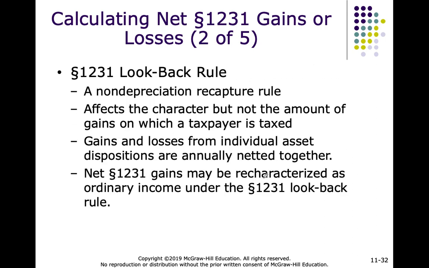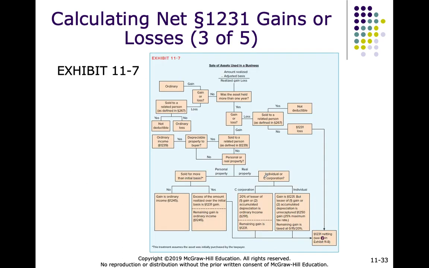This is where we report the trade or business sale of assets. For capital sales, you can use this flow chart to help you navigate through the sale of assets, and it gives you the respective rates. This is very helpful.